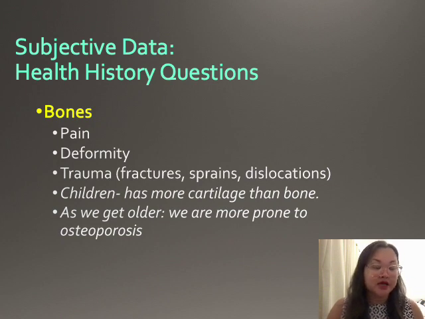And as we get older, we are more prone to osteoporosis, so ask them about their history of osteoporosis within their family as well. And then, of course, for all of these things, going back to the overuse of pain medications and ibuprofen type medications, you do want to ask if they are using these medications and how much.